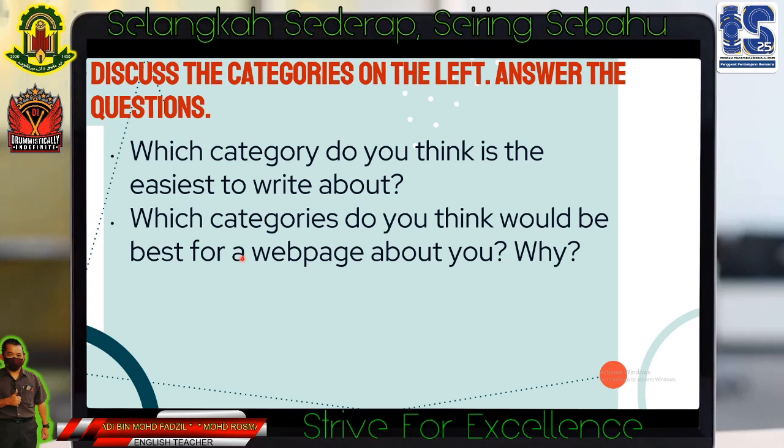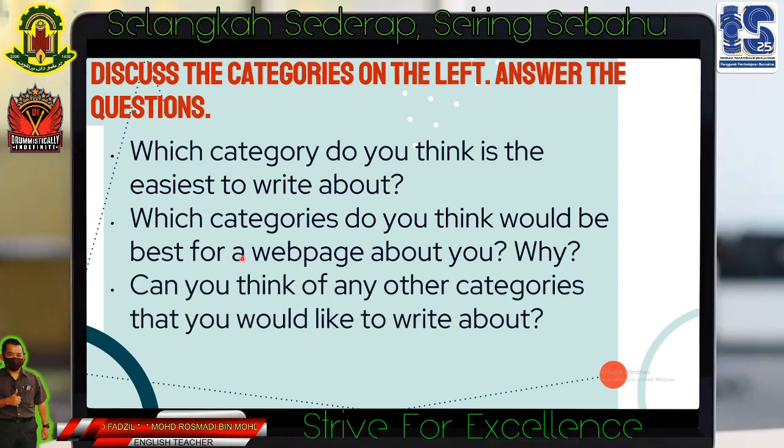Then question 3. Can you think of any other categories that you would like to write about? Okay lah, this one extra. I want to know also. You write the question and write the answer. What other category yang tak ada list tadi, but you want to write? Dalam list exercise B, kategori tu tak ada, but you still want to write.